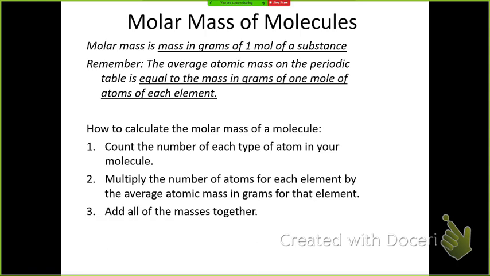Then, after we've multiplied all of those out, we are going to add all of the masses together. So the total mass for each element in the compound.